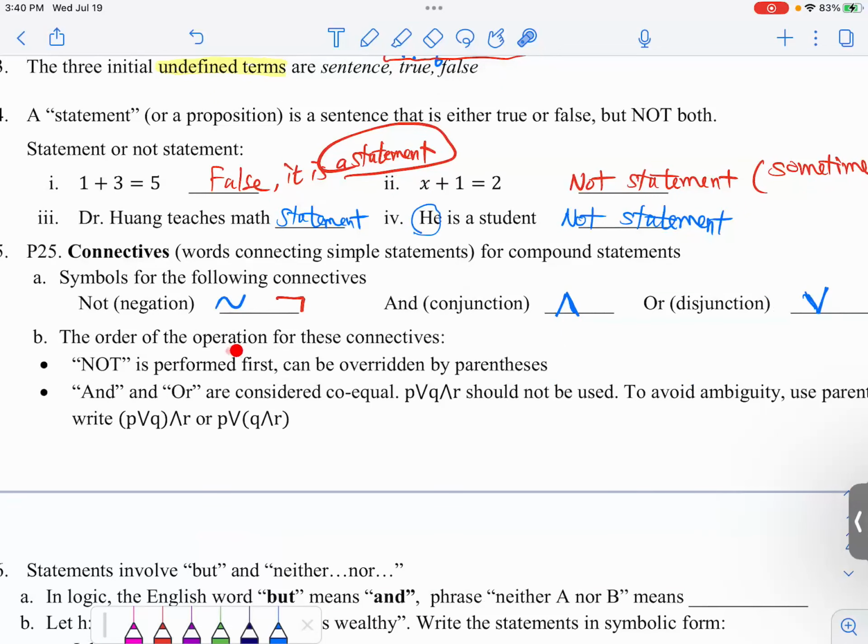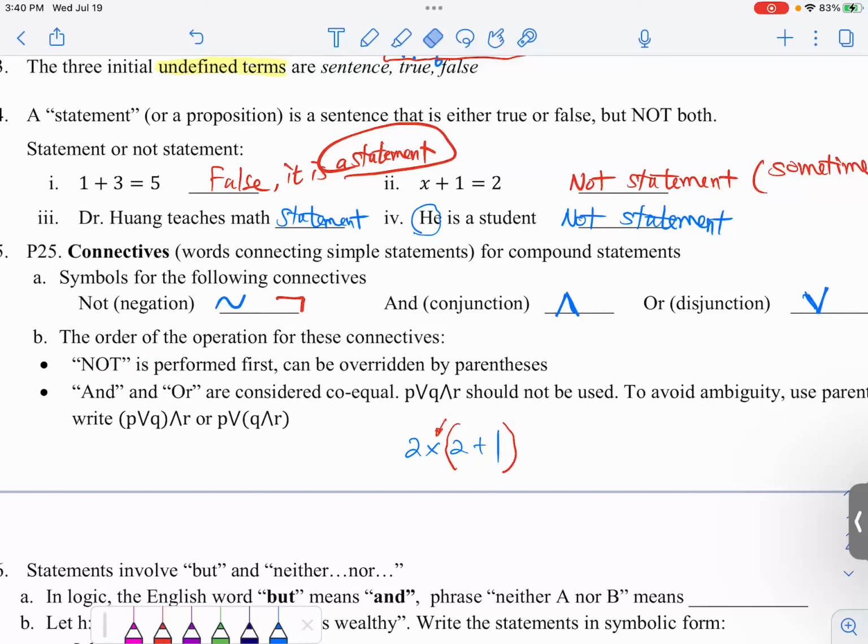For the order of operations of these connectives, not is performed first. So this has the first priority, but it can be overridden by parentheses. Just like 2 times 2 plus 1, right? So this 2 times 2 has the priority, but when you put a parenthesis there, the parenthesis overrides the order of operations.